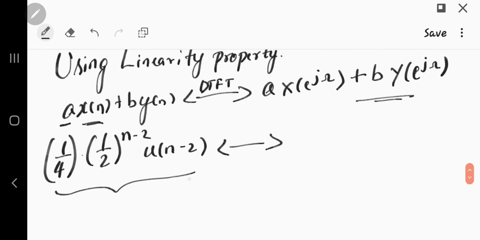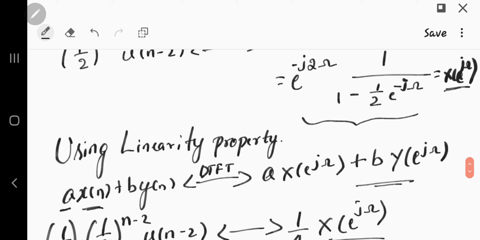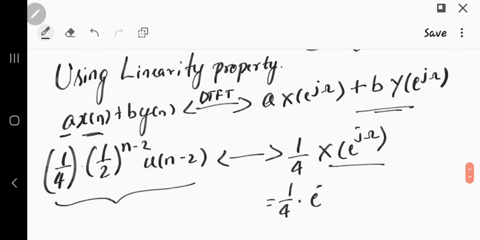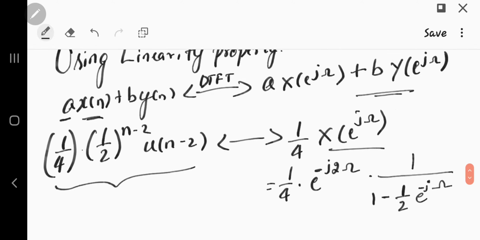Now if you take the entire x of n, this is similar to applying 1 by 4 into x of e power j omega, and since there is no y term, it will be 0. So that means 1 by 4 into, where is this x of e power j omega? This term I have to substitute: e power minus j 2 omega into 1 divided by 1 minus 1 by 2 e power minus j omega.